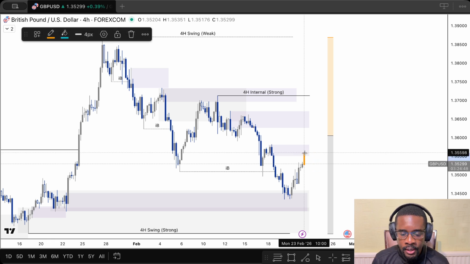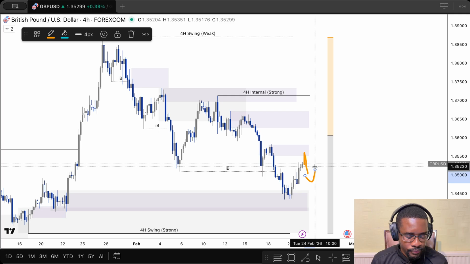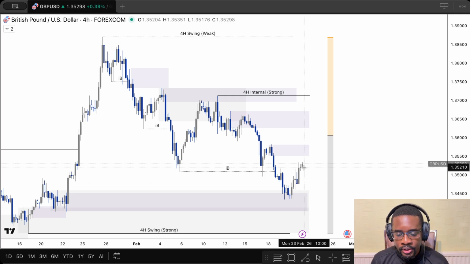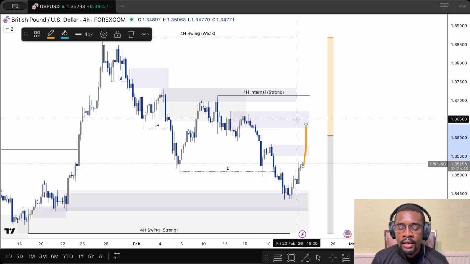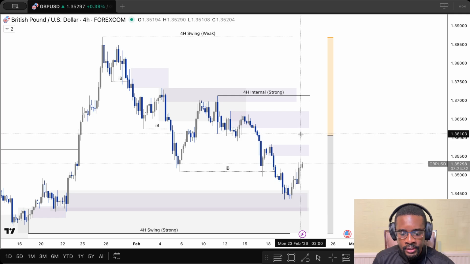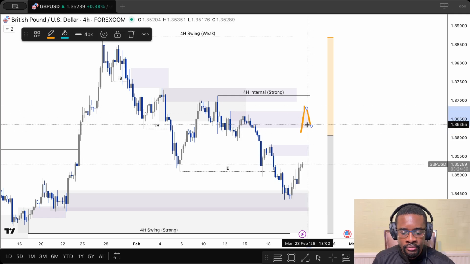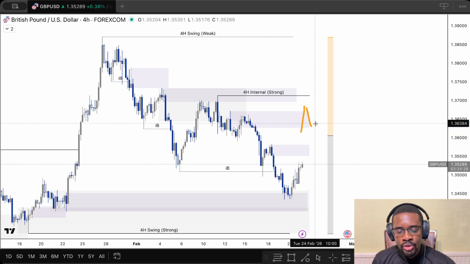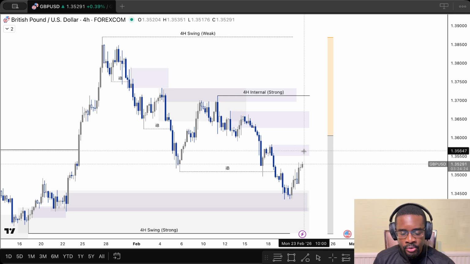Or price could violate this area completely, mitigate the supply at the top and have a bearish reaction. So we'll have to wait and see how price behaves, and then make decisions accordingly.